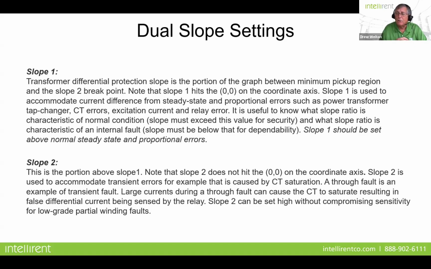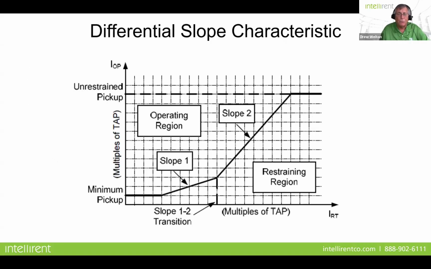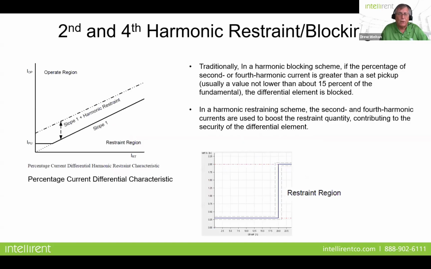So we include the slope of that element, and it looks kind of like this. This is your restraint region right here, and this is your operate region up here, and then you have your unrestraint where eventually it gets high enough to where we're just going to stop restraining the element altogether. So it's important to understand that all your modern digital relays are going to have dual slope capability, and this is important in terms of stability of the relay itself, so we don't get nuisance trips if the CTs begin to saturate.